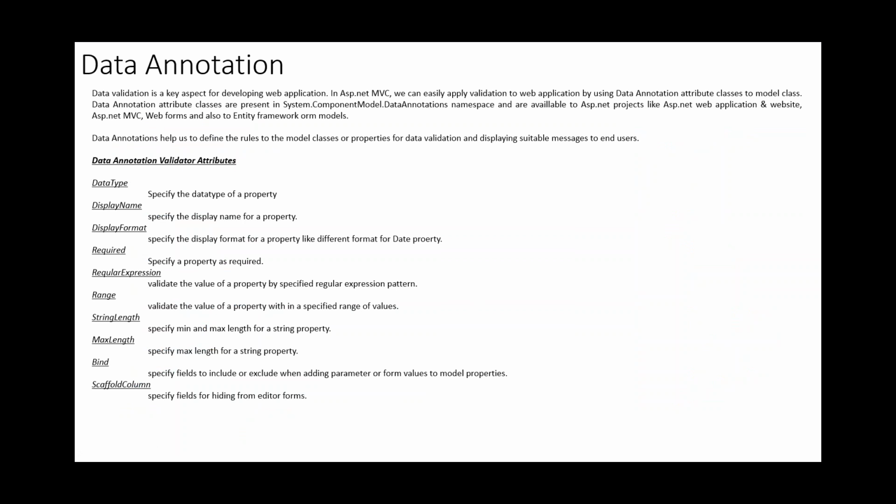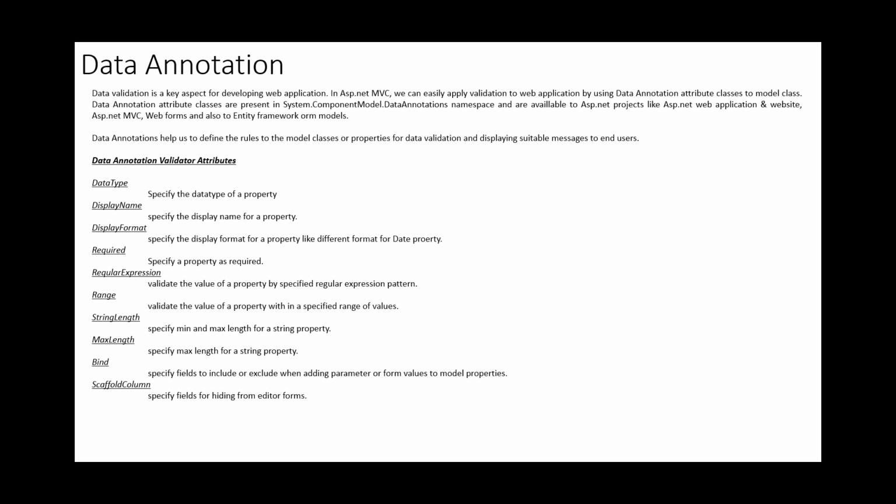Whenever you see currency or a date, it defines what format you want to display once the user enters the data. Then we have Required, RegularExpression, Range validation, StringLength validation, MaxLength validation, and Bind, which specifies fields to include or exclude when adding parameter or form values to the model properties.